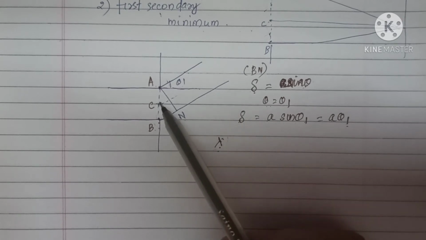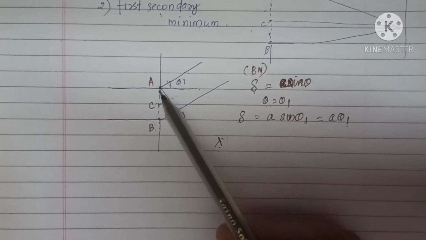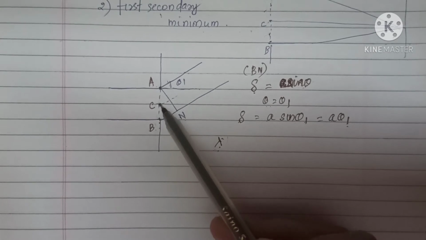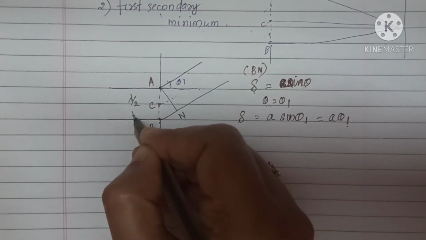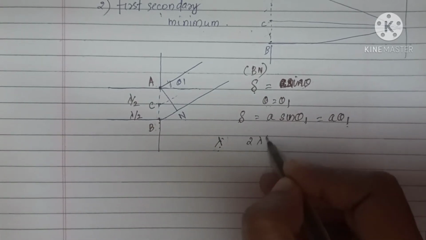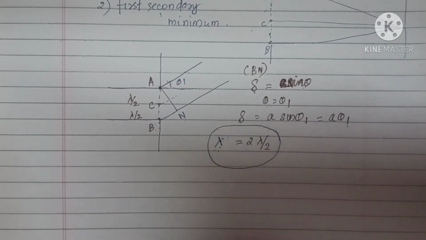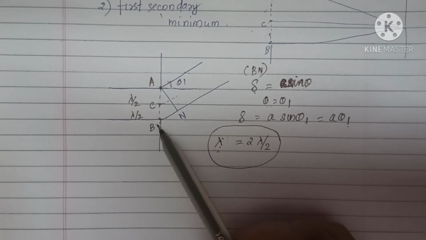That is, the path difference between the wavelets from the points A and C as well as from B and C will be lambda by 2 each. Lambda by 2, lambda by 2. Thus 2 lambda by 2 will be equal to lambda, which we consider as the general path difference.